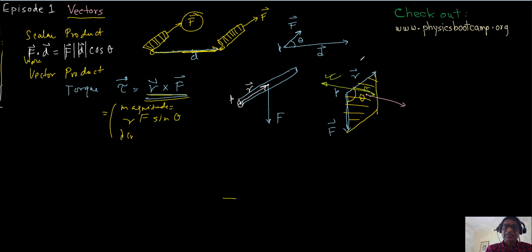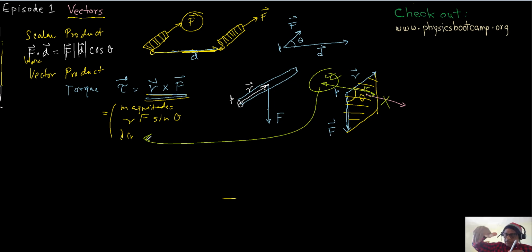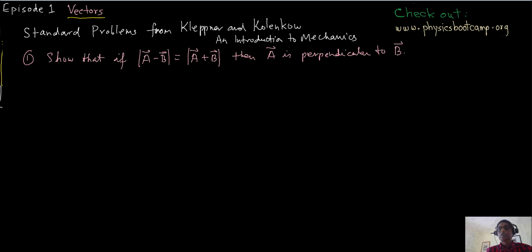So this is the correct direction, and this is not the direction. Once you find the plane, use r, go towards F, and the thumb will point in the direction. It's very easy to figure out because you're just picking between two opposite directions. So that's the torque.